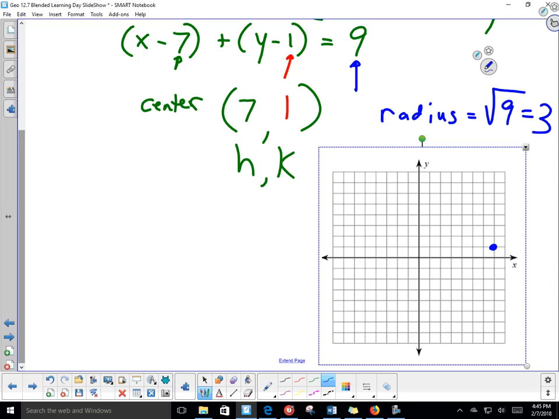Here's (7, 1) right here. And from that center, it's going to have a radius of 3. So it's going to go up 3, to the right 3, I'm a little bit off my graph, down 3 and left 3. And so we're talking about the circle that looks like this.